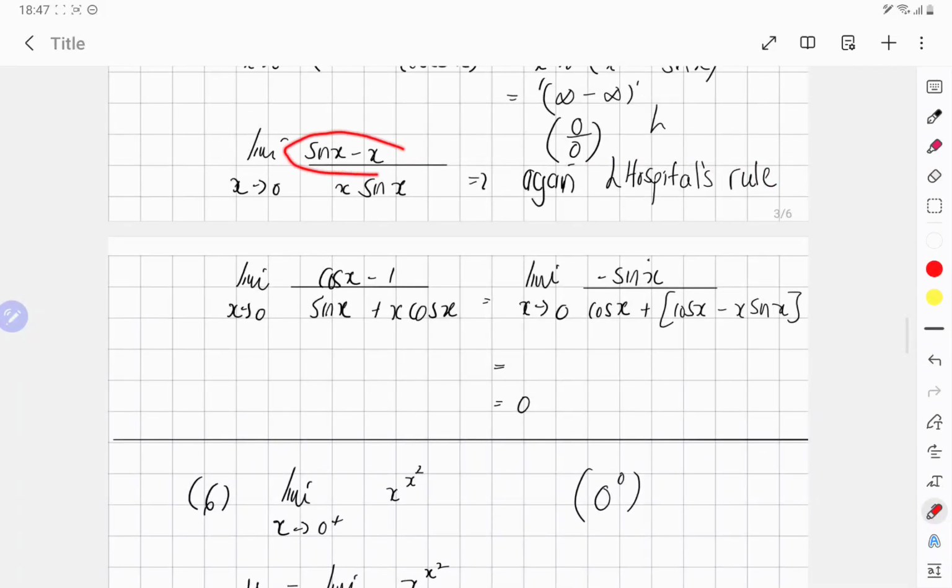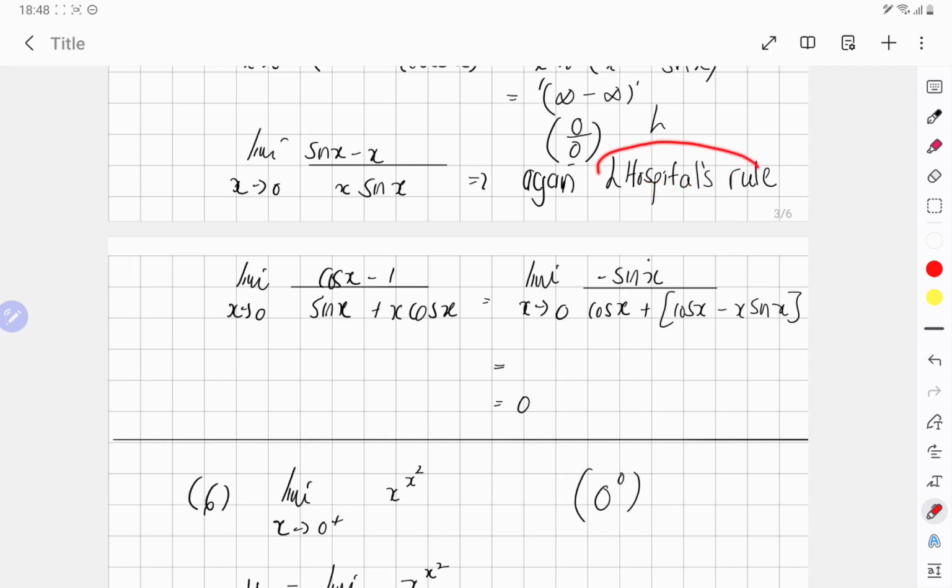We will derive the numerator, which is cos x minus 1. We will derive the denominator, which is the product rule. So I get sin x plus x cos x. Remember what I said, a common mistake students make, they will derive the whole fraction using the quotient rule.